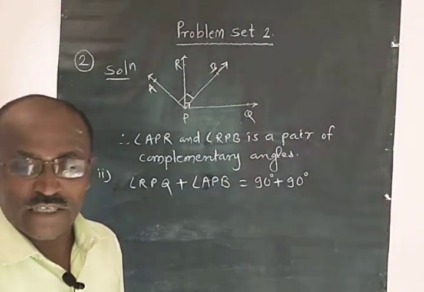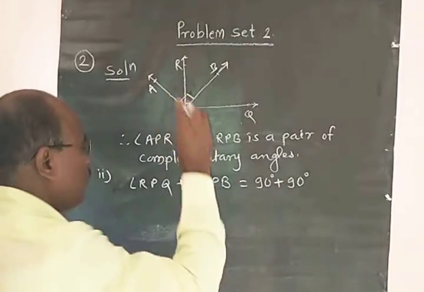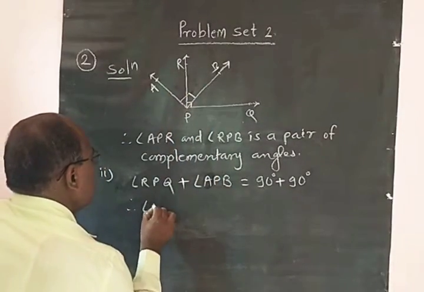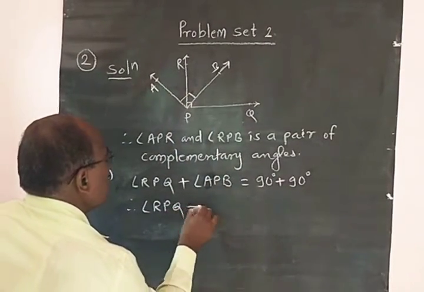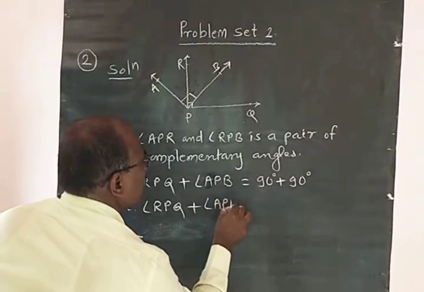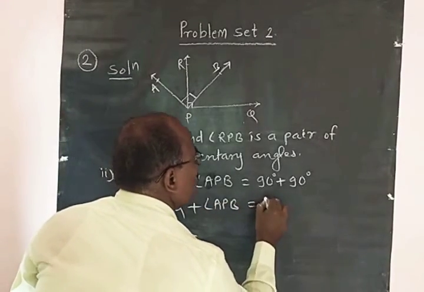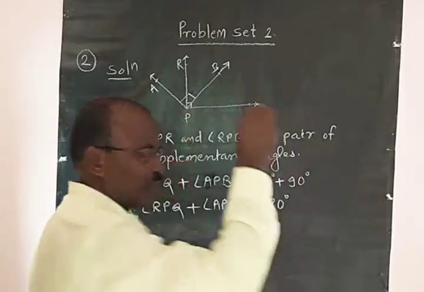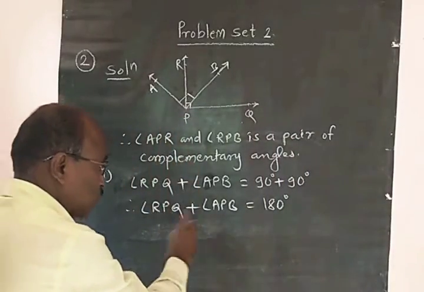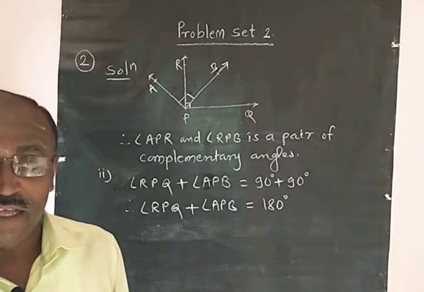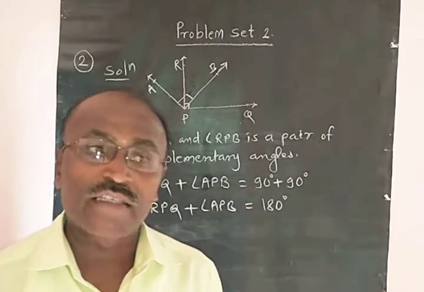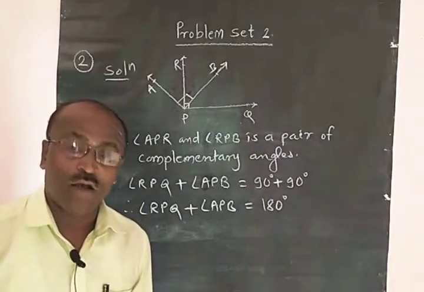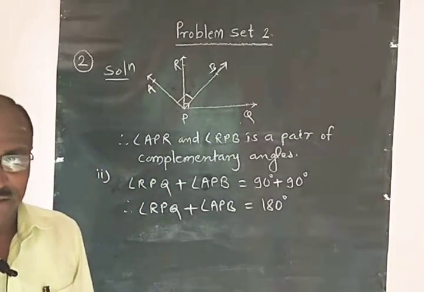So these two statements are given here. Therefore angle RPQ plus angle APB is equal to 180 degrees. Here the sum of these two angles is 180 degrees. Therefore these two angles are a pair of supplementary angles.